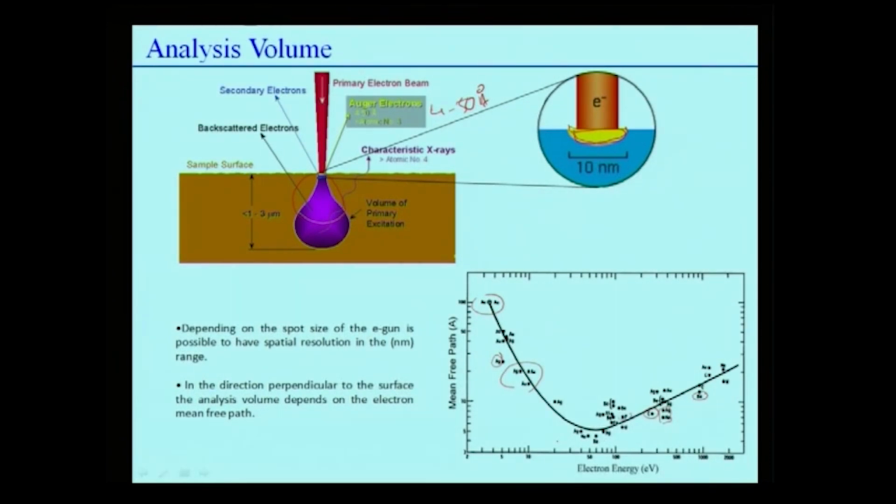So, the mean free path depends on the electron excitation energy, and it is very high for gold, silver and others, but very low for beryllium, phosphorus and iron also. That tells us that the perpendicular depth will vary depending on the mean free path of the electron and the different elements. This also sets what kind of elements you can analyze from a particular depth.